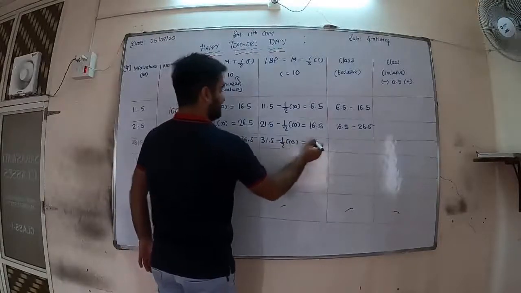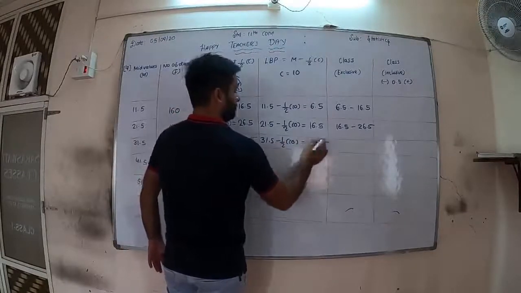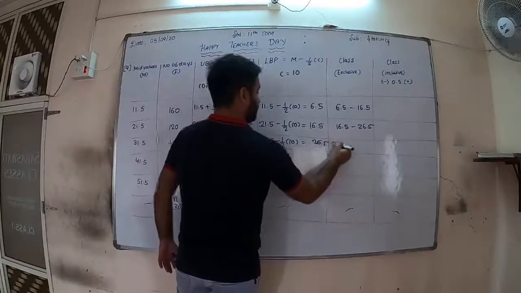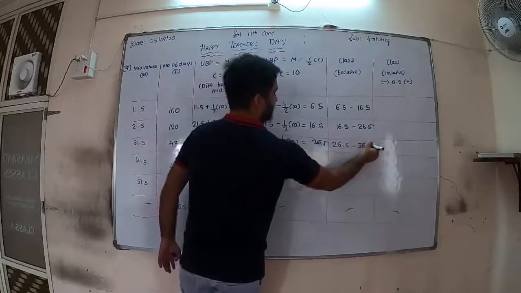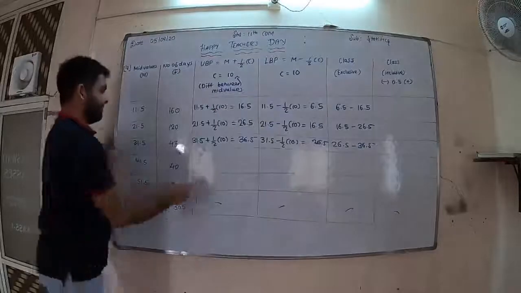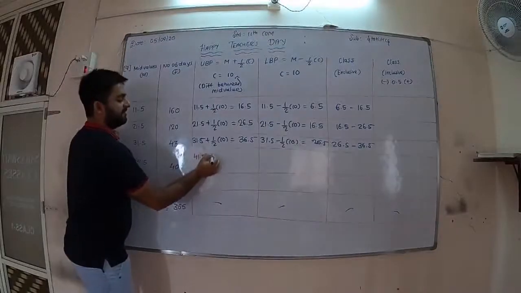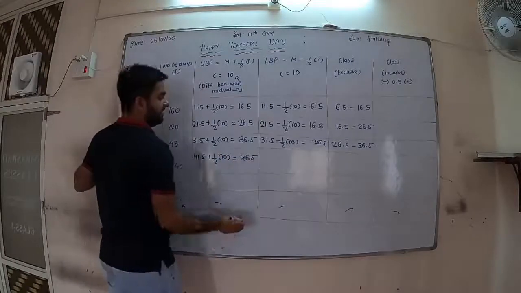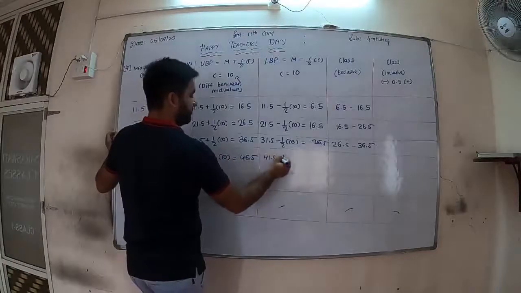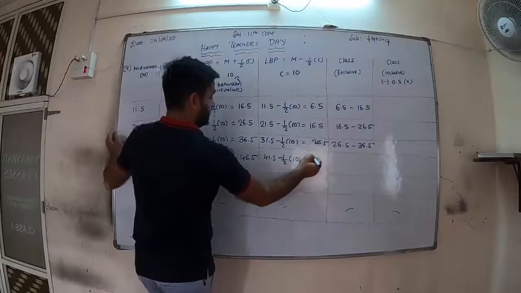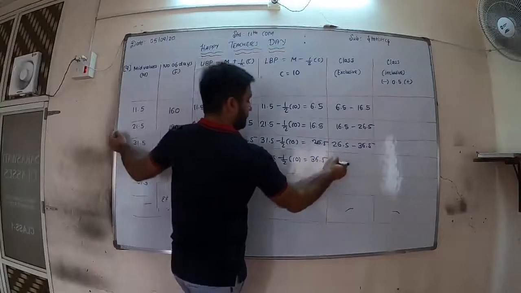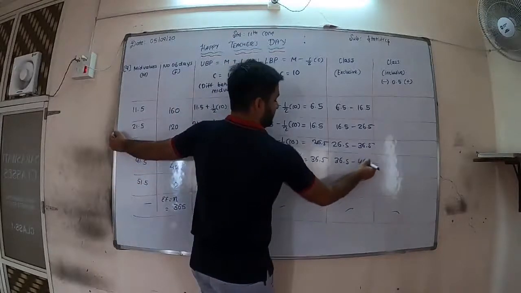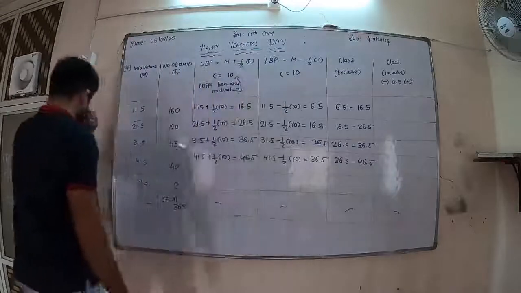Now it is a very easy thing. 26.5 to 36.5. Whenever you require, please use the calculator. Now you are not in 10th standard, you are in 11th standard and calculator is allowed. So friends, don't be ashamed to use the calculator. Be confident.